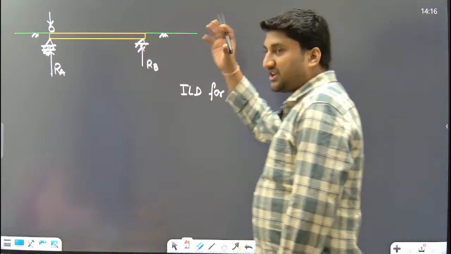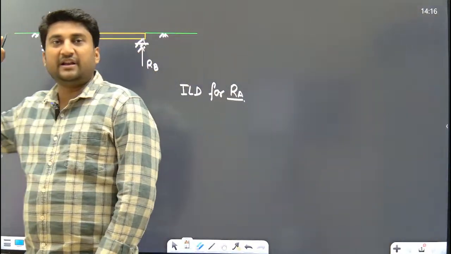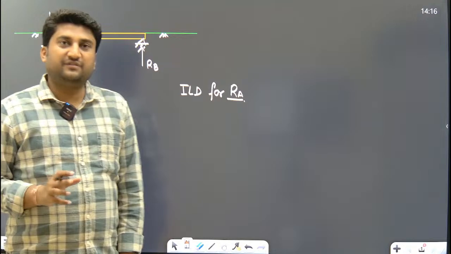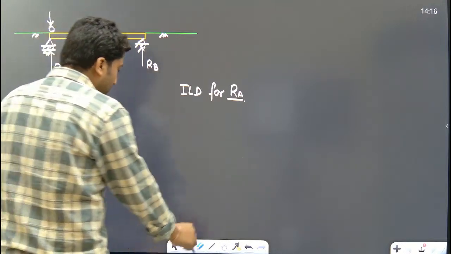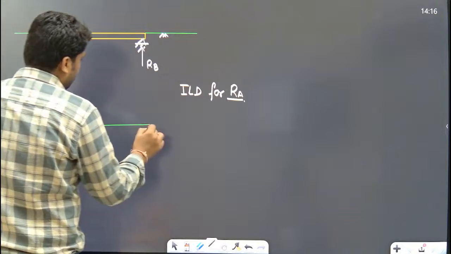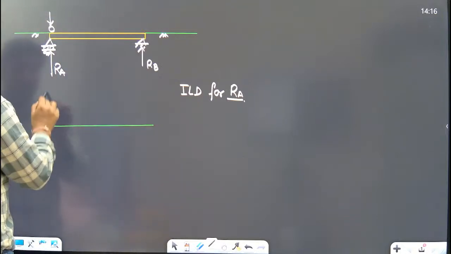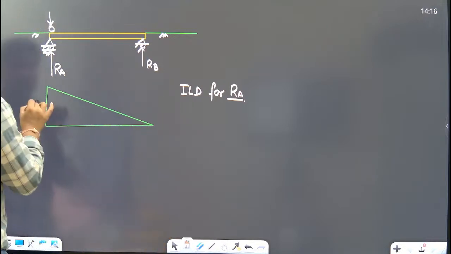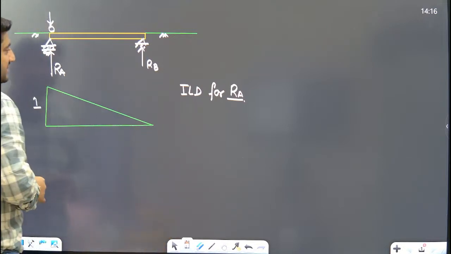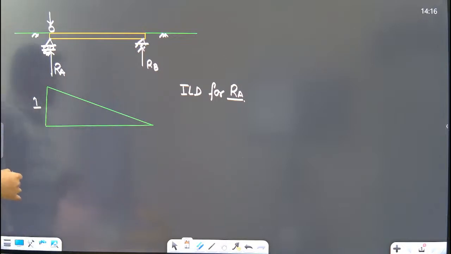Remove the reaction at A, lift it by 1 unit, and the deflected shape will be the influence line diagram. Yes or no? That was the shortcut. This is lifted by 1 unit, so this is the ILD for reaction at A.